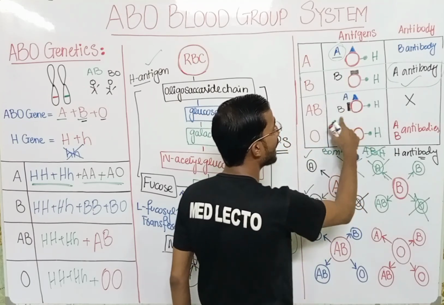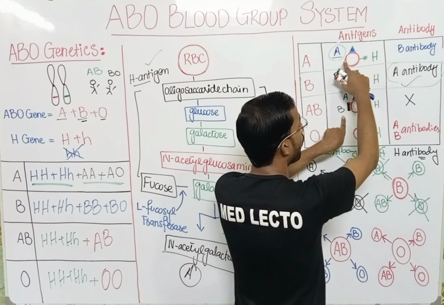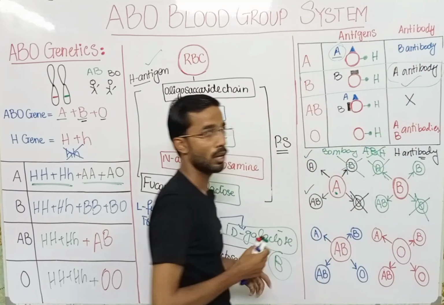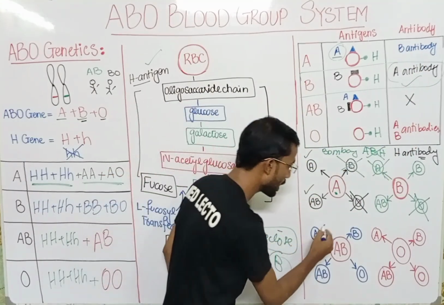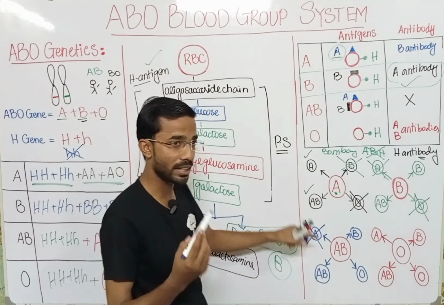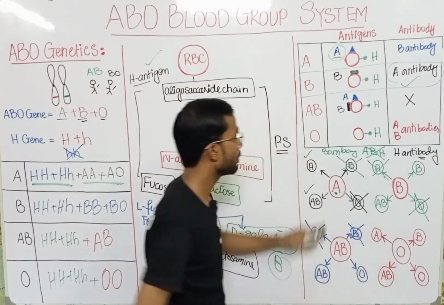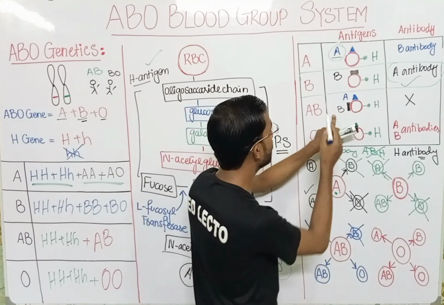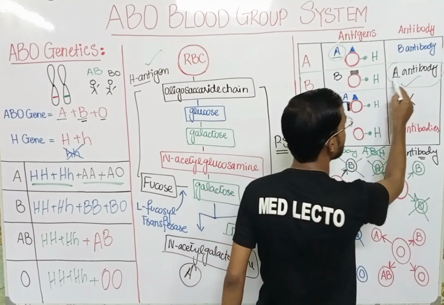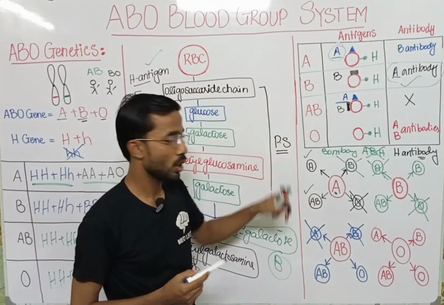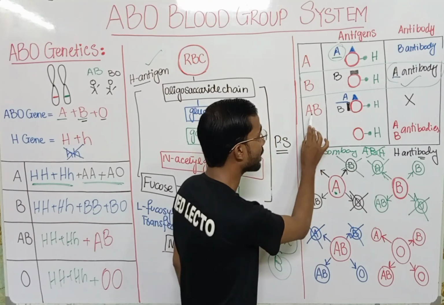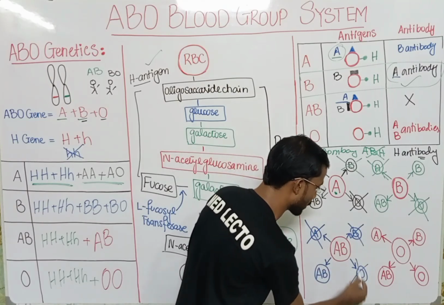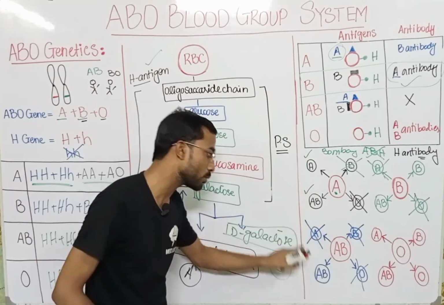If I give only the RBCs, the B antigen will react with the B antibodies, so I can't give blood to A. That will be rejected. Similarly for B: the AB blood group has A and B antigens, so if I give blood to B, the A antigen will react with the A antibodies present in B. It will be rejected. Can AB give to O? Obviously the AB antigens will react with the antibodies, so that will be a reaction. It means that the AB blood group can give blood only to AB.